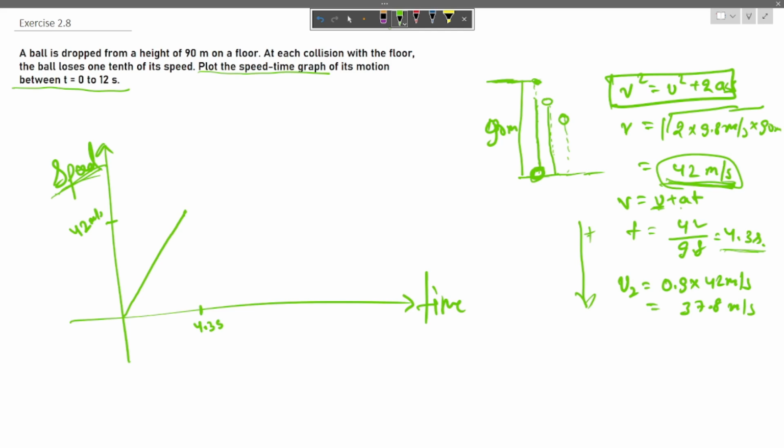And again acceleration of gravity is going to be 9.8 meters per second squared. Since it is moving upward now, it will reach zero velocity in some time interval, and that time interval can be calculated using this relation. So 37.8 divided by 9.8 seconds would be equal to 3.9 seconds.